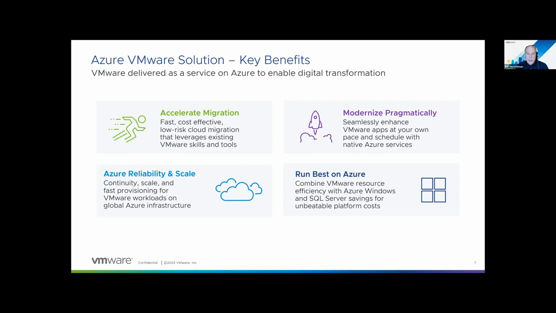And then there are some great financial benefits from Azure VMware Solution. It shares the Azure Hybrid Benefit, the ability to let customers share the licenses that they've already invested in for Windows Server and SQL Server in their on-prem environment and bring them over to AVS.